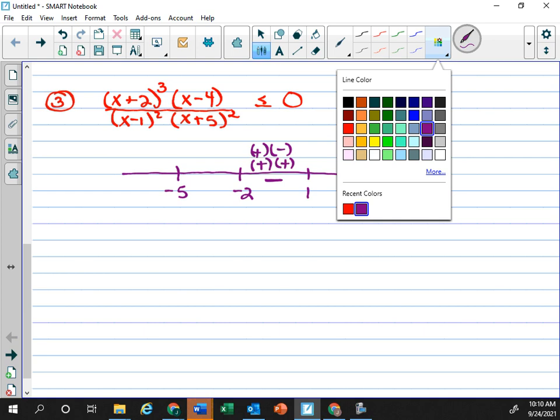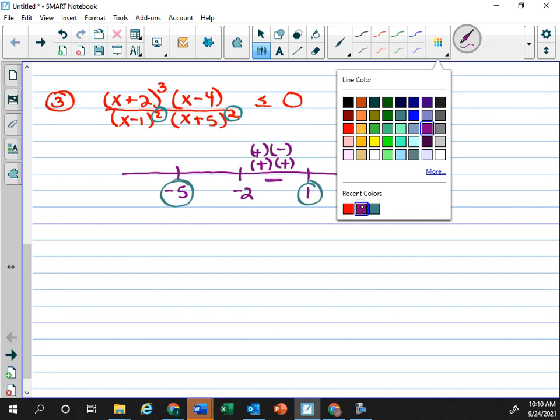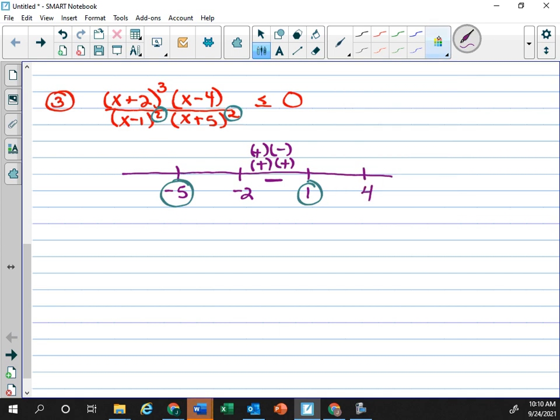I see a couple of zeros with even multiplicity, right? Here and here. So that's this guy and this guy. That means around those zeros, the number line isn't going to alternate. It's going to do the same thing on both sides. So it was negative on one side of 1. It's going to be negative on the other side. Okay?